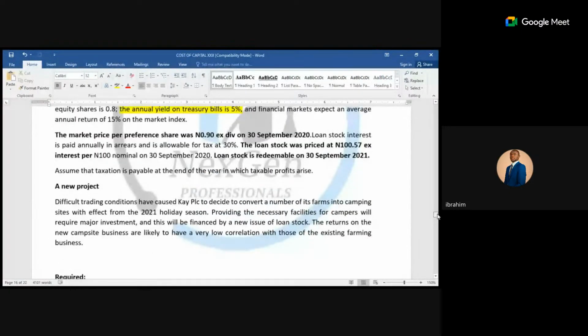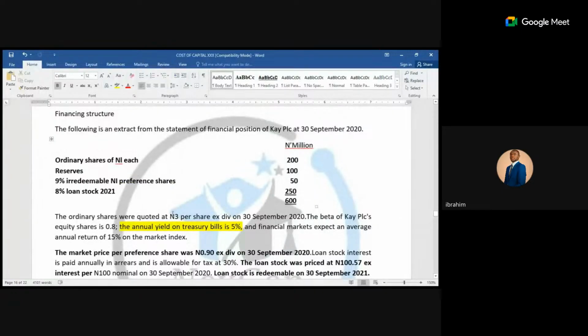Total market value. If I want to determine the total market value for ordinary shares, what and what will I multiply? 200 million times 3? How do you arrive at 200 million?